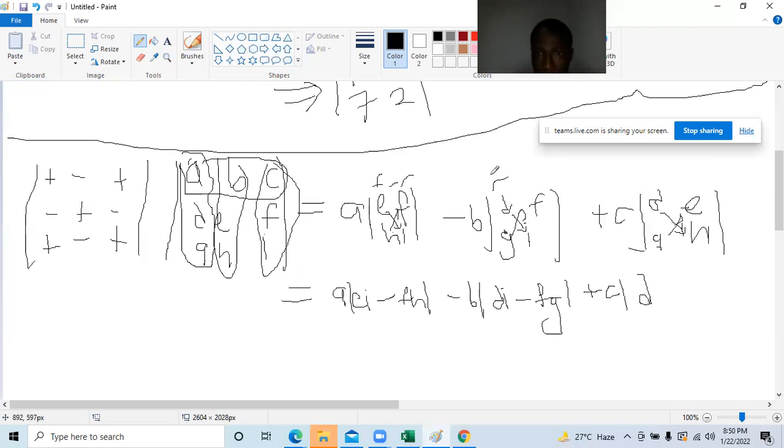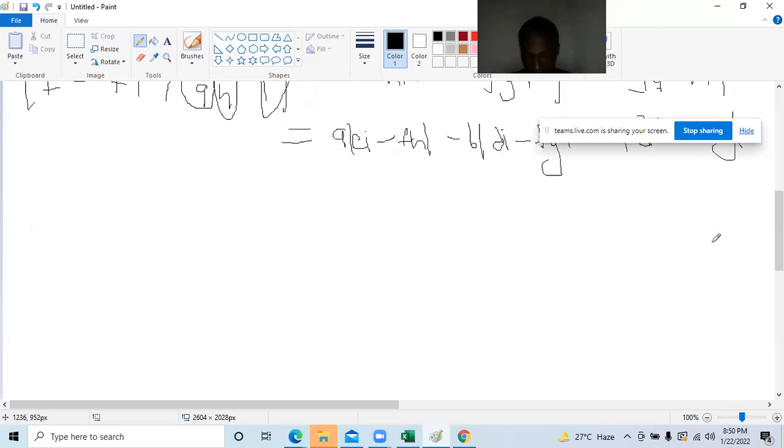Falling minus rising, then falling minus rising as well. So we have DI minus FG, then we have DH minus EG. Does this make sense before we go to the example?